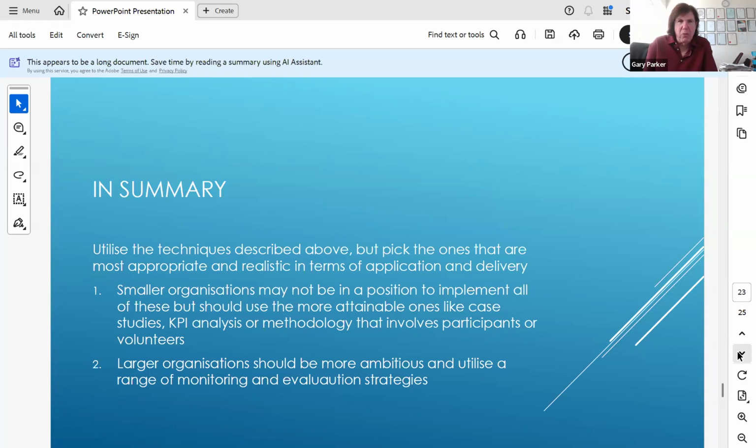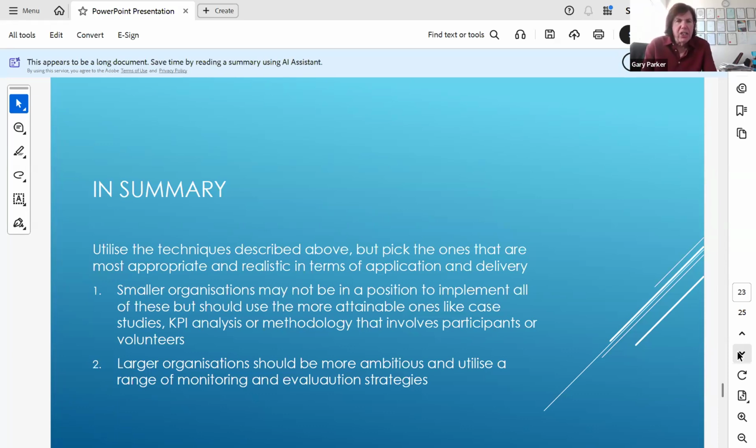I haven't looked at the impact of volunteers being involved in it, but these techniques can really help volunteers, if you've got them, to learn some technical skills or get more involved in a project.